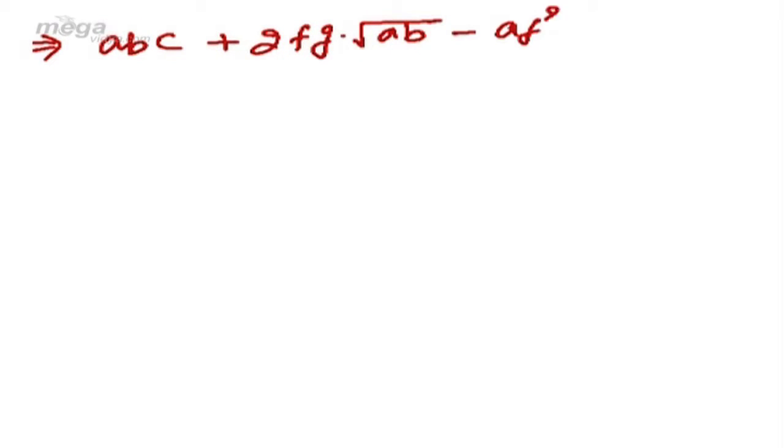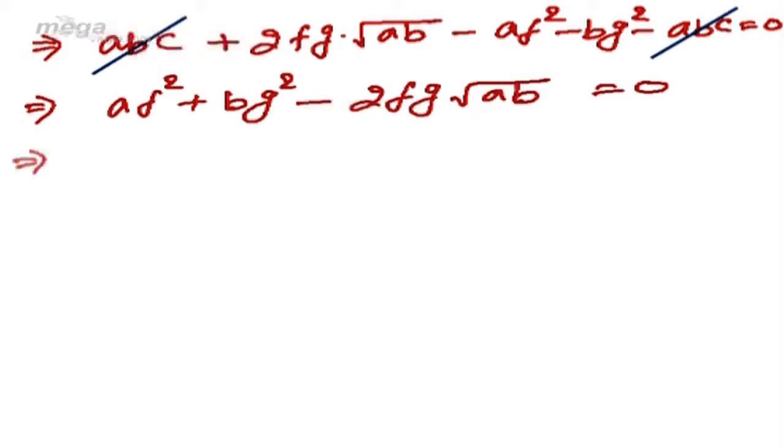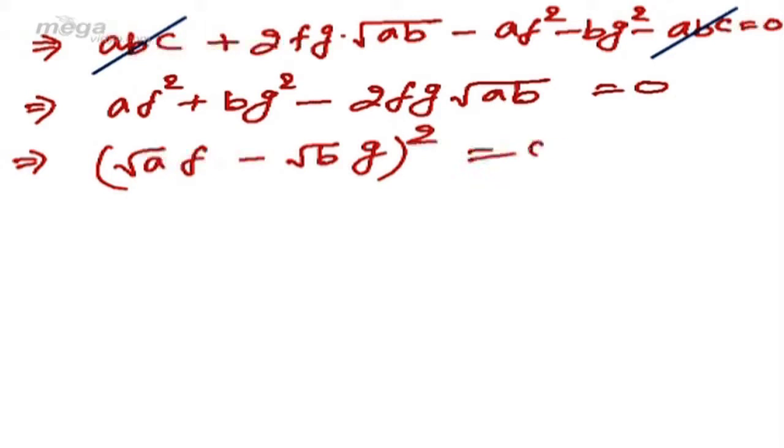So after substitution it becomes abc plus 2fg into root under ab minus af square minus bg square minus again abc is equal to 0. This abc and this abc get cancelled and you will get here af square plus bg square minus 2fg root ab equal to 0, which is root af minus root bg whole square is equal to 0.